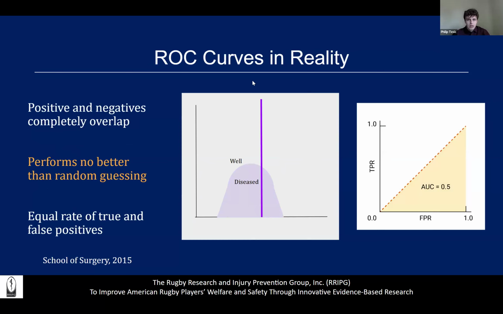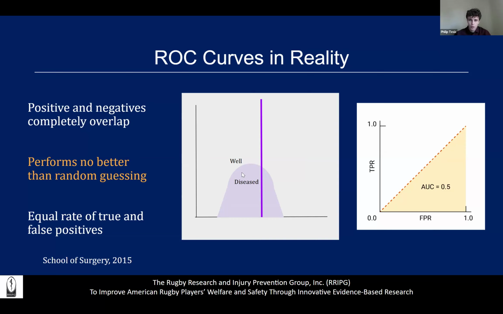In reality, ROC curves can sometimes overlap, and this would, in this case, perform no better than random guessing, in which at no point where we would move the cutoff point along the curve would we really be able to differentiate a point in which we could evaluate the binary classification system properly.